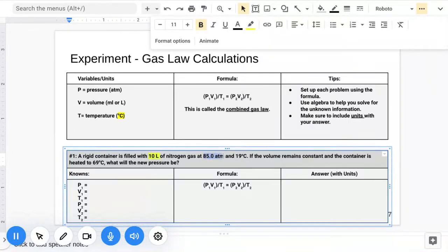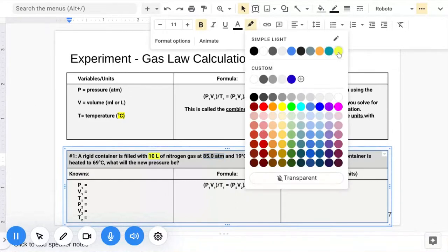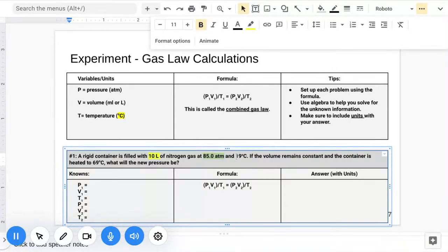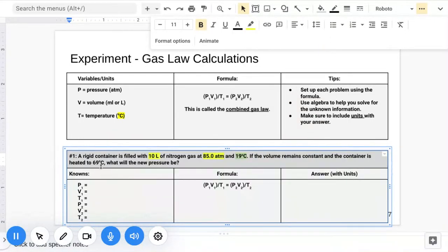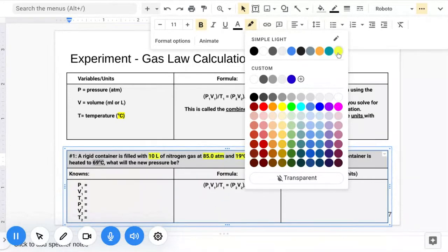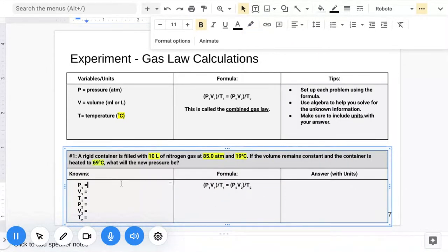We have 10 liters, we have 85 atmospheres, we have 19 degrees Celsius, and 69 degrees Celsius. I'm going to fill in what I know over here. So a rigid container is filled with 10 liters.